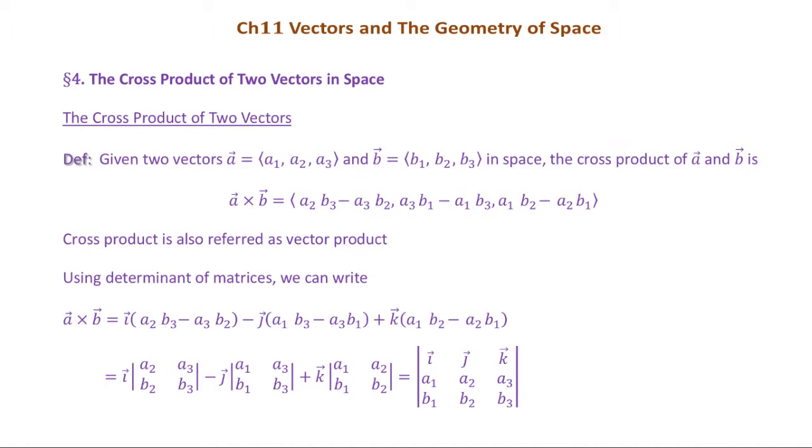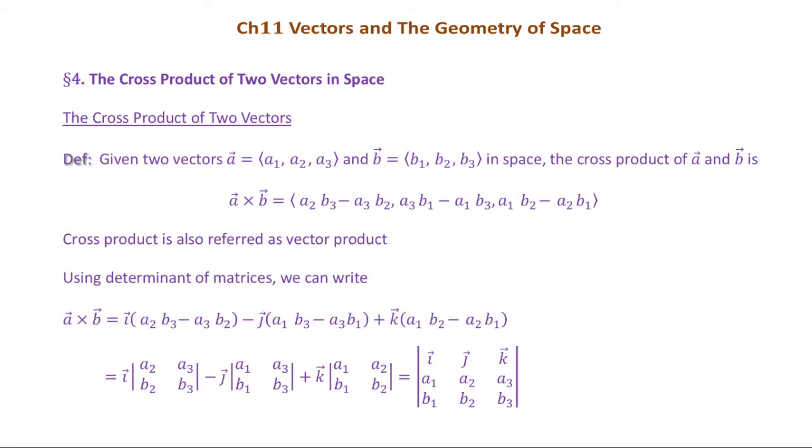So I just negate the Y component, so it becomes A1B3 minus A3B1, and the sign becomes negative in front of J. All right. And then K times (A1B2 minus A2B1).